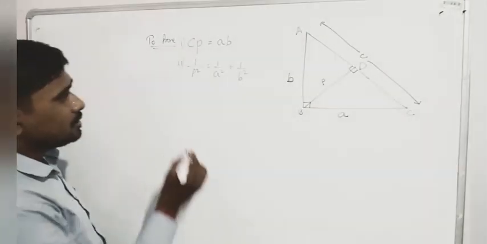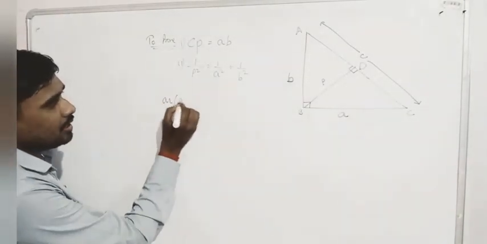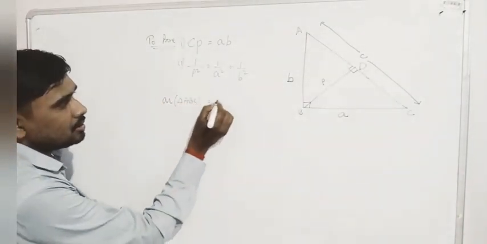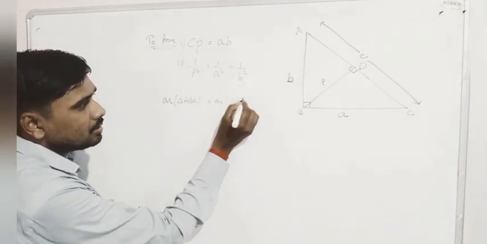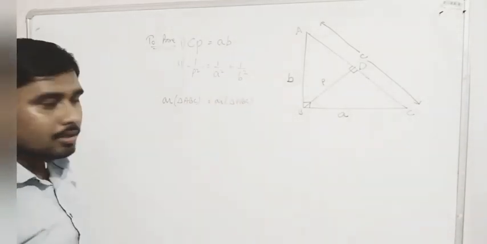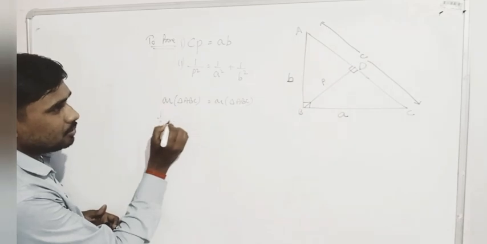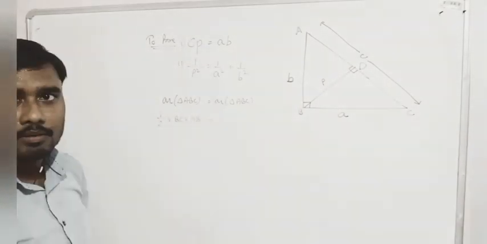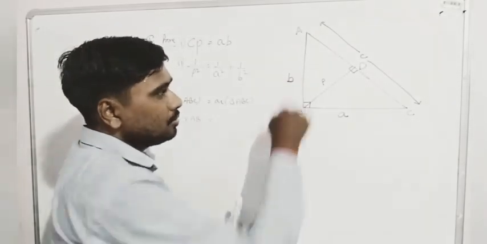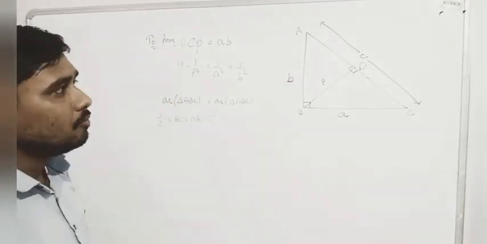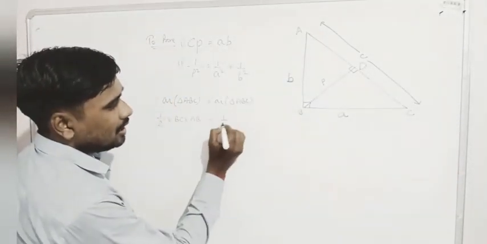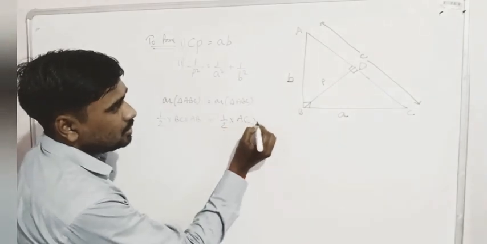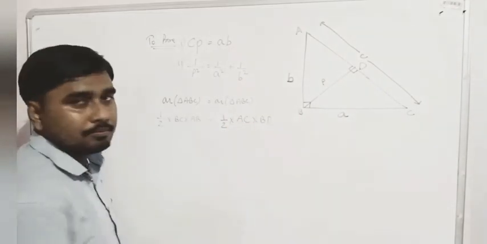So that means area of triangle ABC is equal to area of triangle ABC. So here you can write half into BC into AB, and when AC is the base, you can write half into AC into BD.